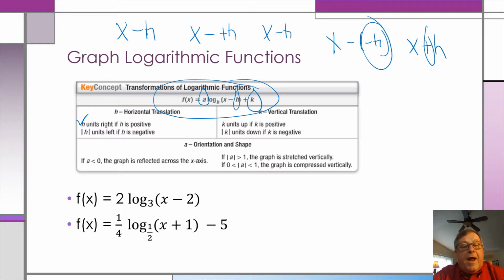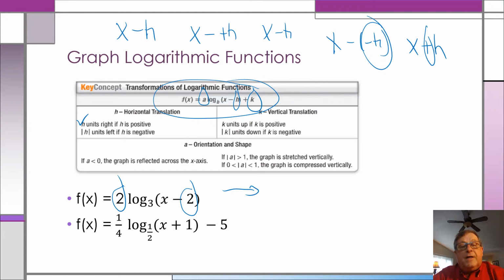Now, we're getting ready to graph these two functions that we see here at the bottom. But before we do, let's anticipate what we are going to see. This 2 here in this first function is going to stretch that graph vertically. It's going to pull it up. And this x minus 2 is going to give us a translation to the right.